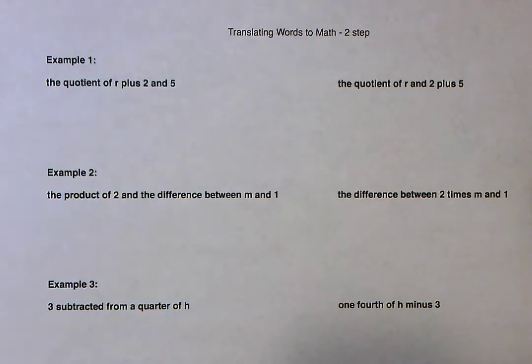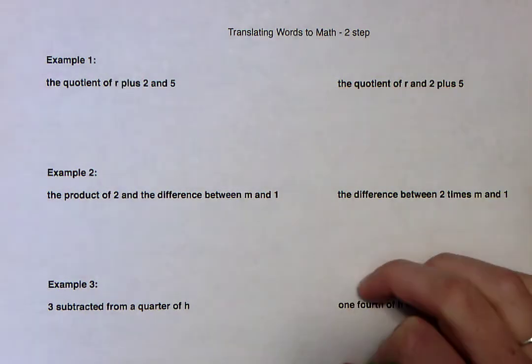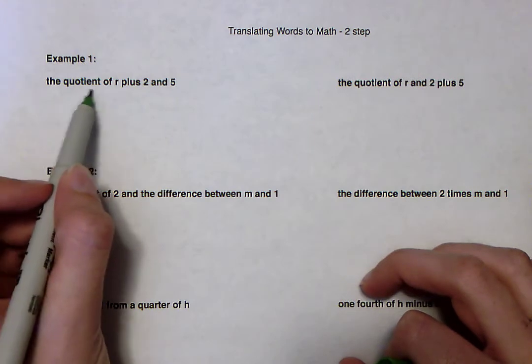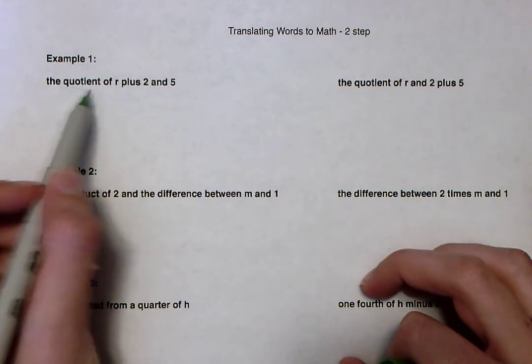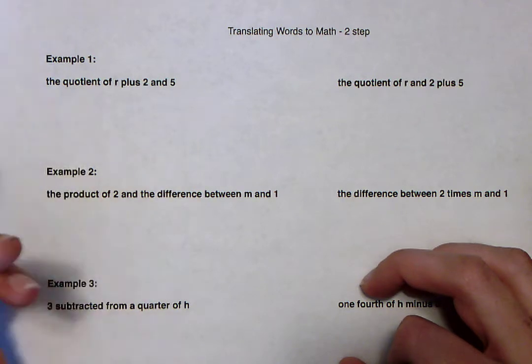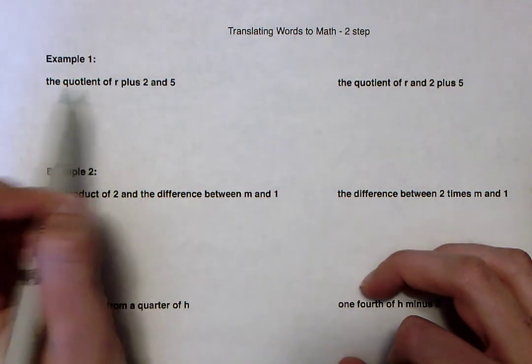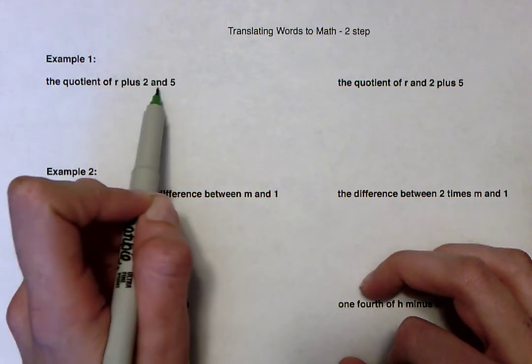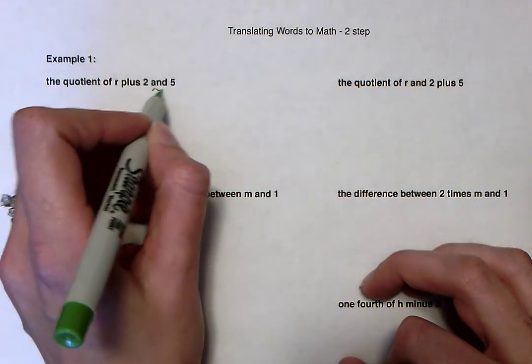So let's look at these two. On the first one, we have the quotient of r plus 2 and 5. So it's telling us quotient. From your chart, you should remember that that means divide. So we're going to divide two things. And it tells you the quotient of r plus 2, and here's the important word, and.